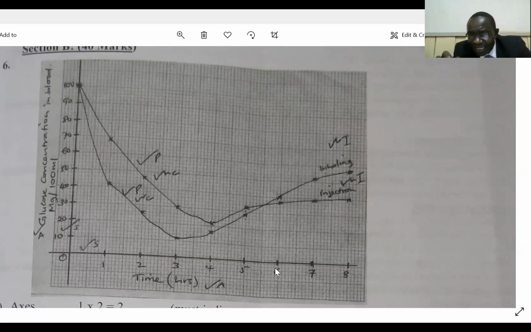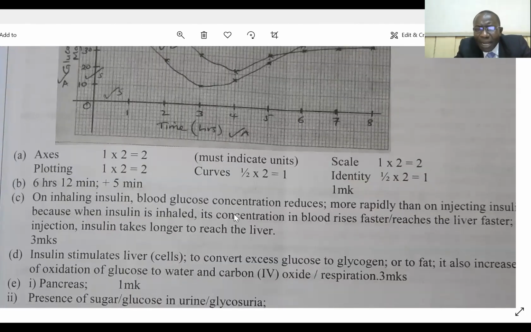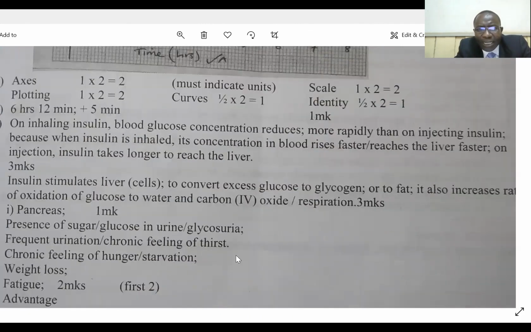Are you able to see that? That is the second marking point. Then the third marking point, which is very important, is that more rapidly than injecting insulin, because now we want you to give us a biologically accepted, scientifically proven explanation or reason, something not any other layman can give.